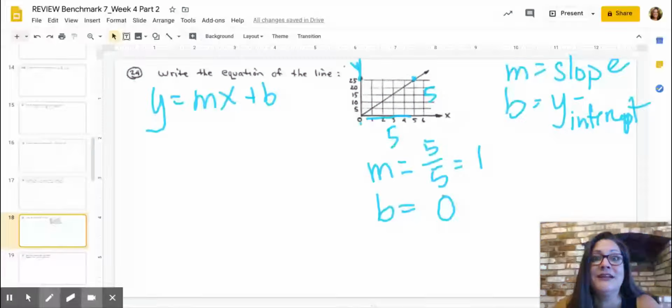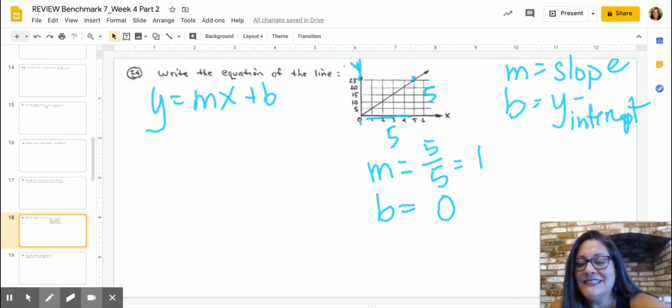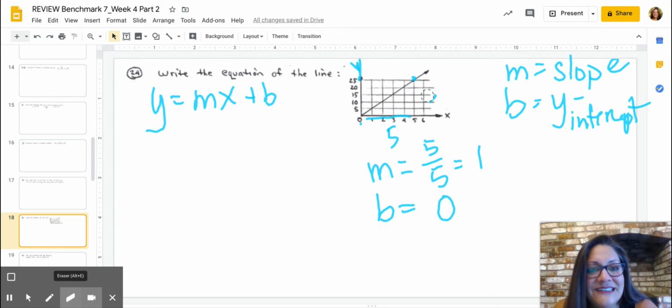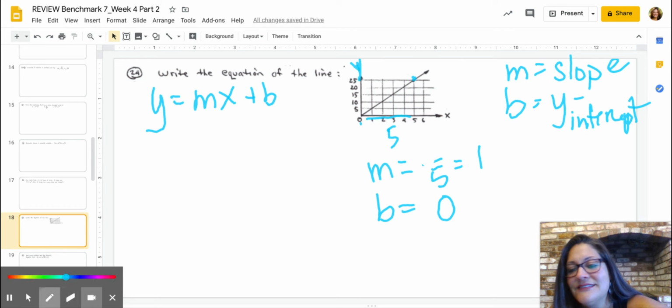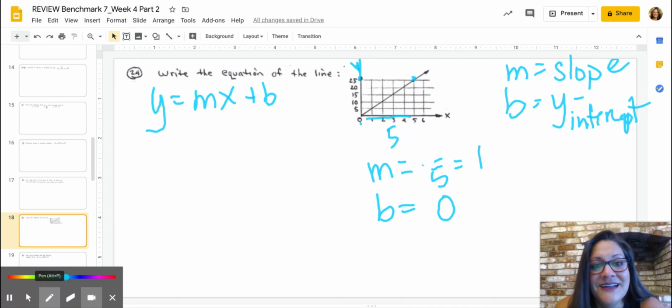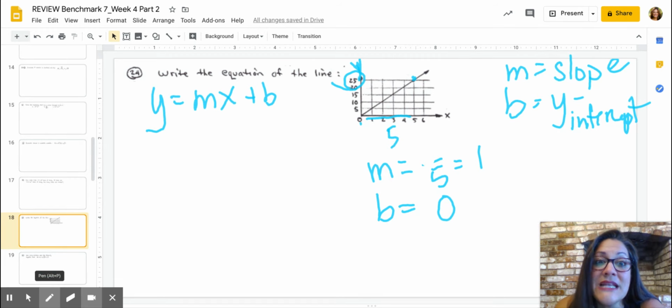Oh my goodness, 2 mistakes in a row. Look at this. Here's why. Can't believe it. Looking at my chart, it does not have a rise of 5. It has a rise of 25. Oh, man.